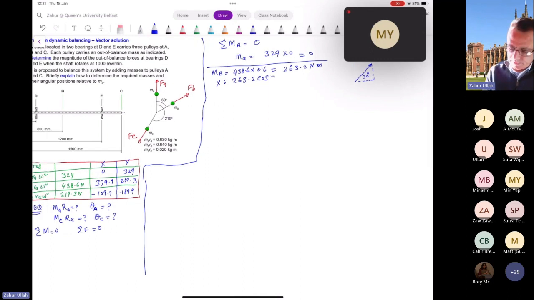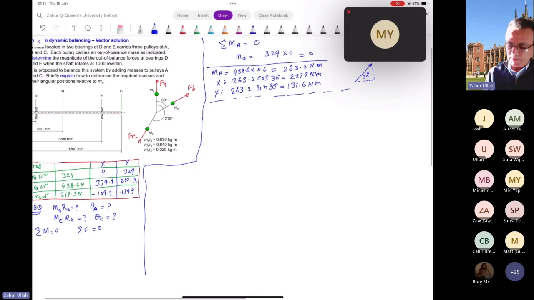So this will be cos 30. And the Y component will be 263.2 sine 30. So this is 227.9 Newton meter, and then this will be 131.6 Newton meter. And because this is in the first quadrant, both X and Y are positive here.